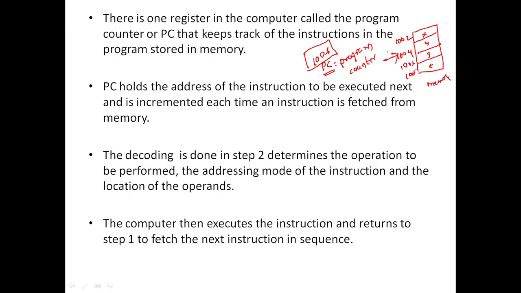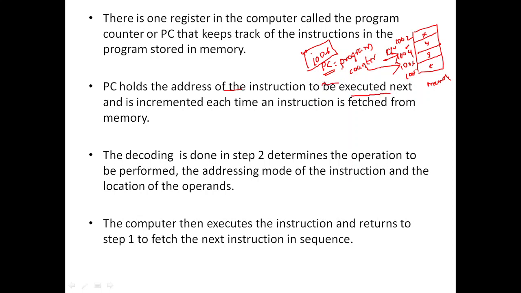So the CPU is currently executing the 1004 instruction, and the program counter is going to store the address of the next instruction, that is 1006. This is the task of the program counter. So the PC holds the address of the instruction to be executed next.